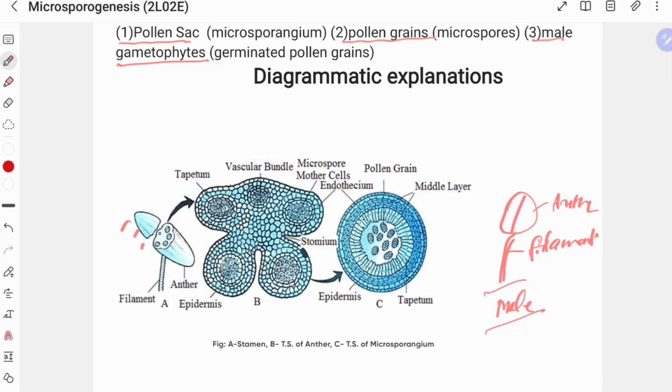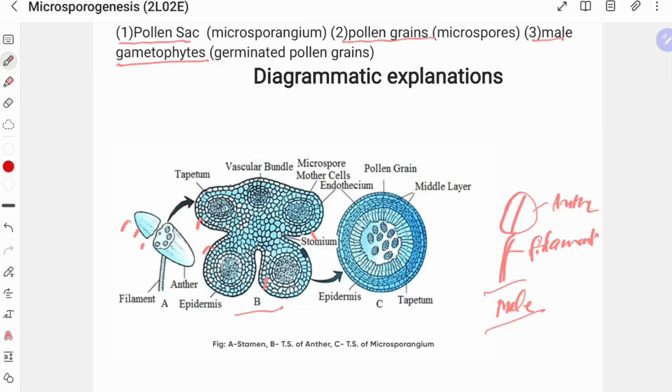When you cut the section, this diagram shows how the pollen sac or anther, the microspores and the microsporangium are formed. If you cut the TS section, in this picture you see four lobes: 1, 2, 3, 4.